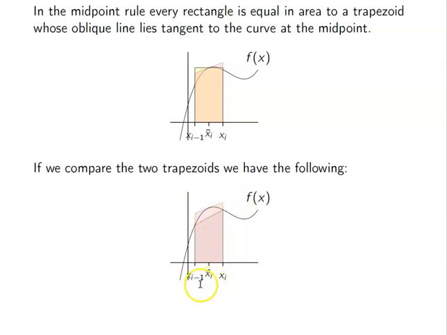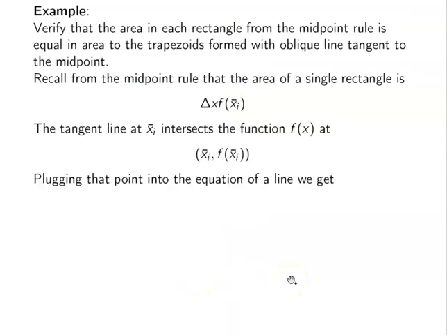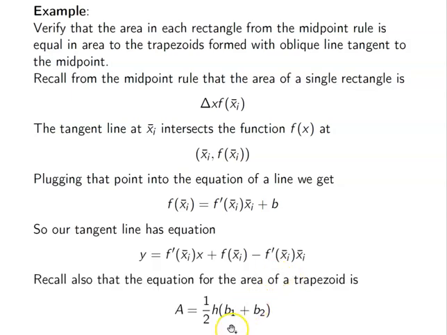And the distance between them is delta x. So b1 is what I get when I plug the left-hand endpoint into the tangent line. b2 is what happens when I plug x sub i, the right-hand endpoint, into the tangent line, h is delta x, and then 1/2 is 1/2.